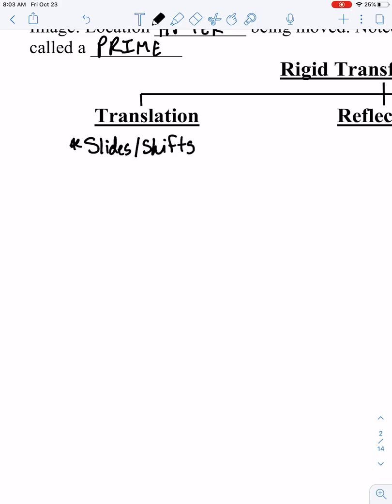The slide and shift types are going to be up and down, so vertical, or left, right, which is horizontal. Now, going off this just a little bit more, vertically shifted is going to be related to our Y values. Horizontally shifted is going to be related to our X values.